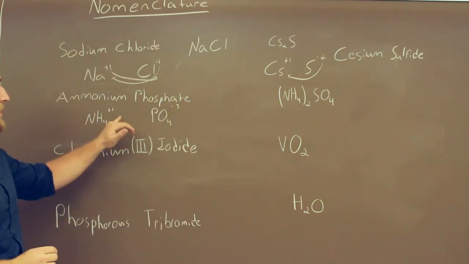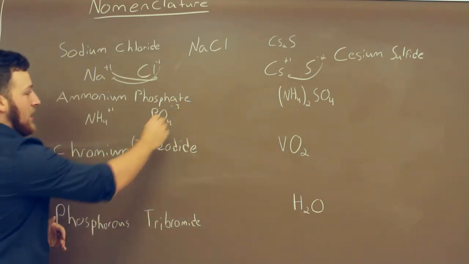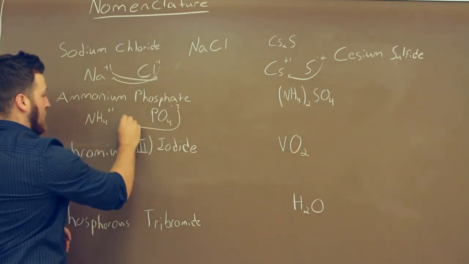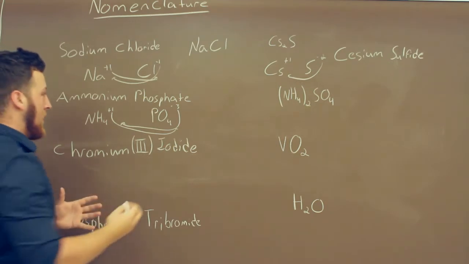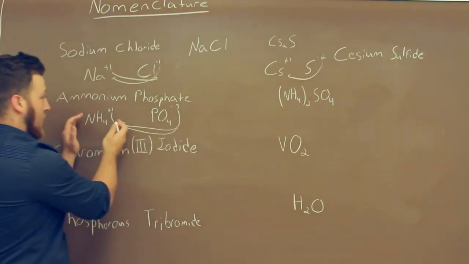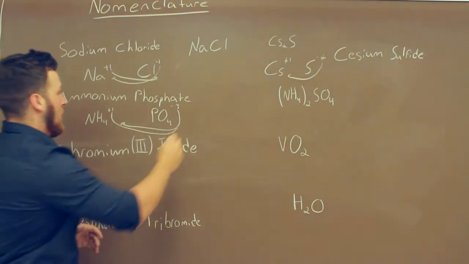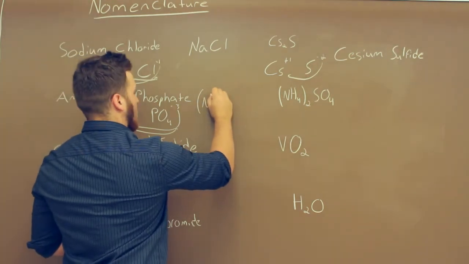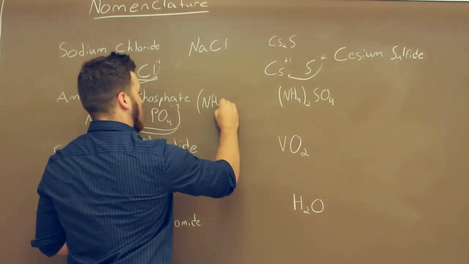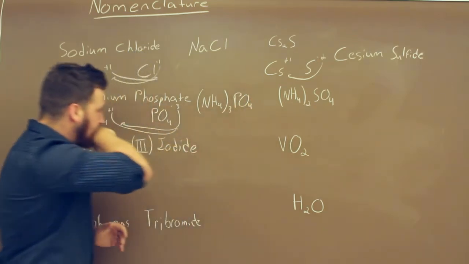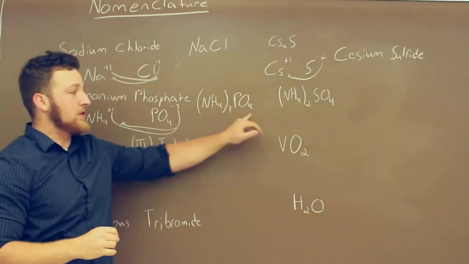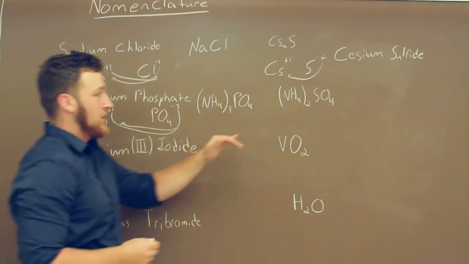We're going to do the same thing when working with these ions and use the charge as the subscript. When you're working with polyatomic ions, if you're going to have a subscript outside of the polyatomic ion, you want to put it in brackets. And again, we don't write 1s, so there's no need for that.